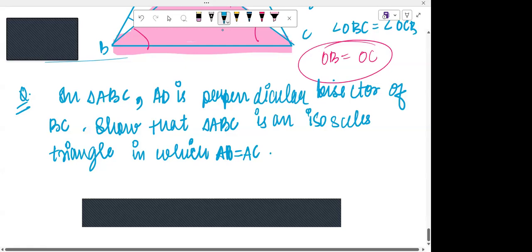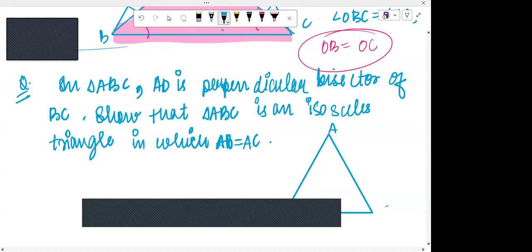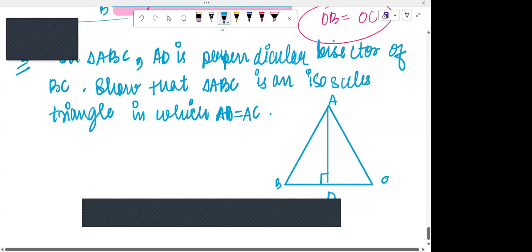Fine. And the figure is this ABC. This is the triangle ABC, an isosceles triangle. And then you have a perpendicular line AD, which is bisecting BC. So AD is the perpendicular bisector. Show the triangle ABC is an isosceles triangle in which AB is equal to AC. Okay, so what is to prove over here?